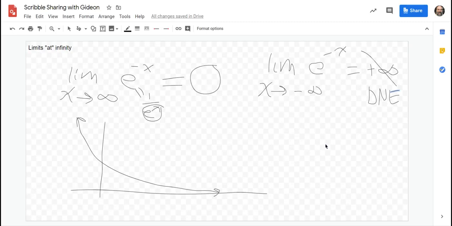Sometimes you'll need to zoom out because if you've got a bunch of polynomials, things get confusing. If you've got, I don't know, sine functions involved, trig functions involved that go up and down, things might get weird also. So the crude way, graph it and zoom out and see what happens on the left side and the right side.